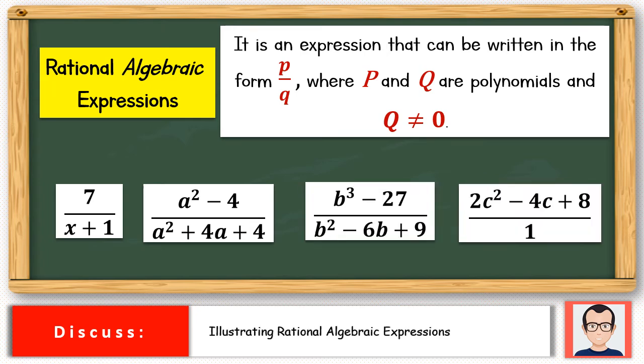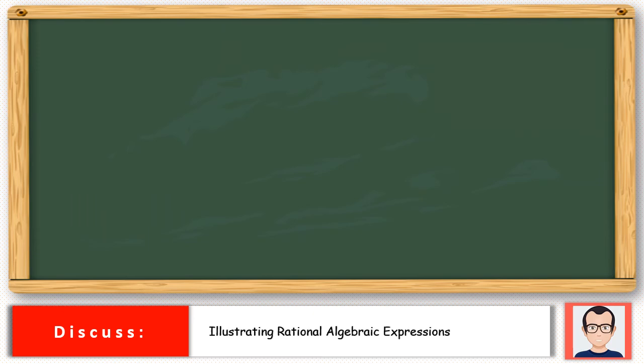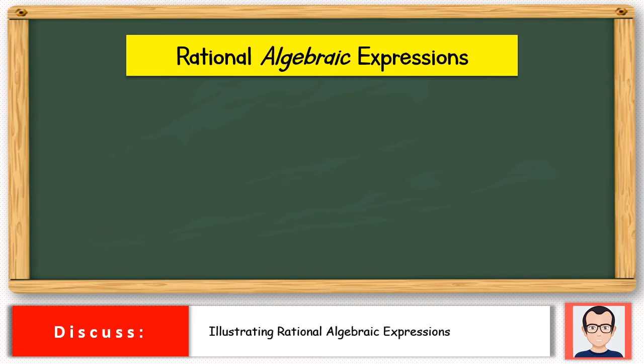The last one may look a little strange, since it is commonly written as 2c squared minus 4c plus 8. However, it's important to note that polynomials can be thought of as rational expressions if we need to, although they sometimes occur. There is an unspoken rule when dealing with rational expressions that we need to address.